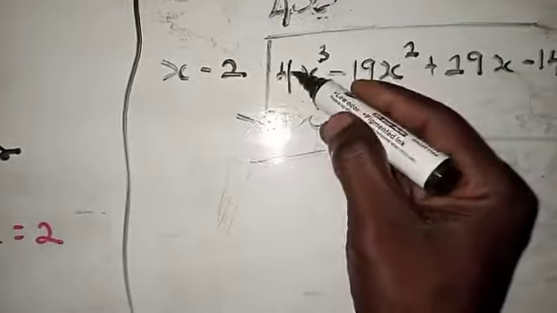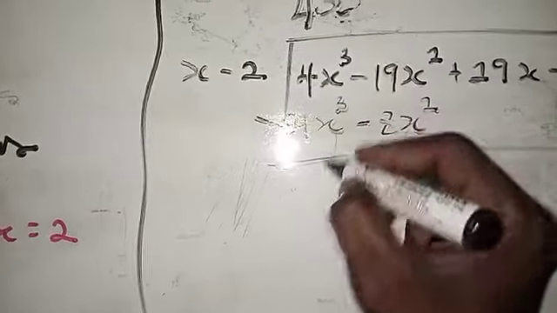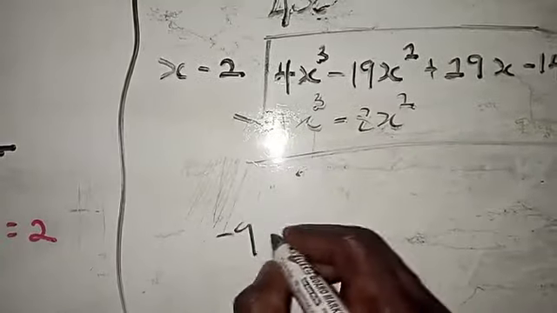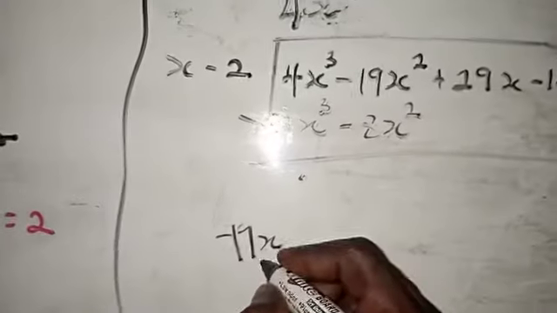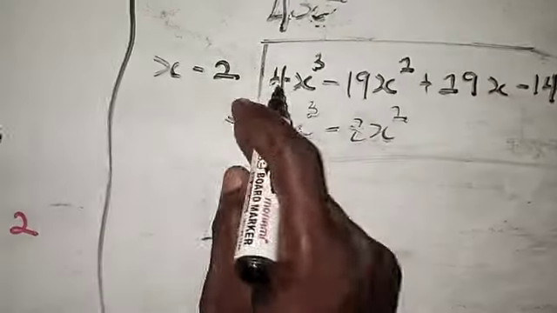4s^3 minus 4s^3 should be 0. Here you have negative 19s^2 minus negative 8s^2. Are you getting the point?